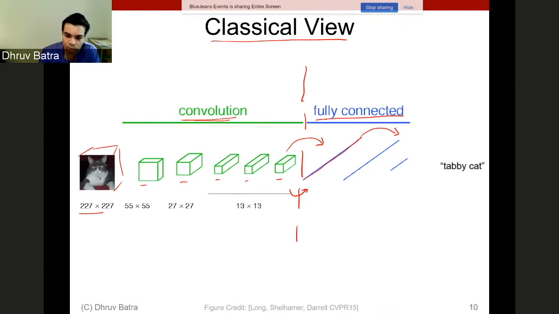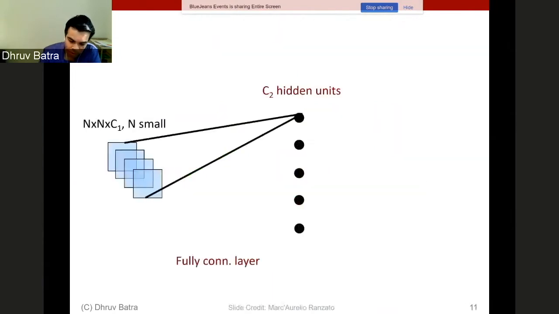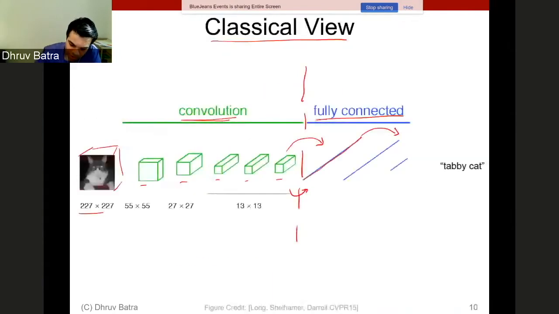Okay. So the way to understand this is to think about this particular transition. We started with some height by width size image. It happened to be the same; we maybe resized all our images in the data set. Every time we chose a pooling layer or a strided convolution, the spatial resolution started coming down. And maybe at the very end, before we convert everything, it has come down to maybe something like 13 by 13.